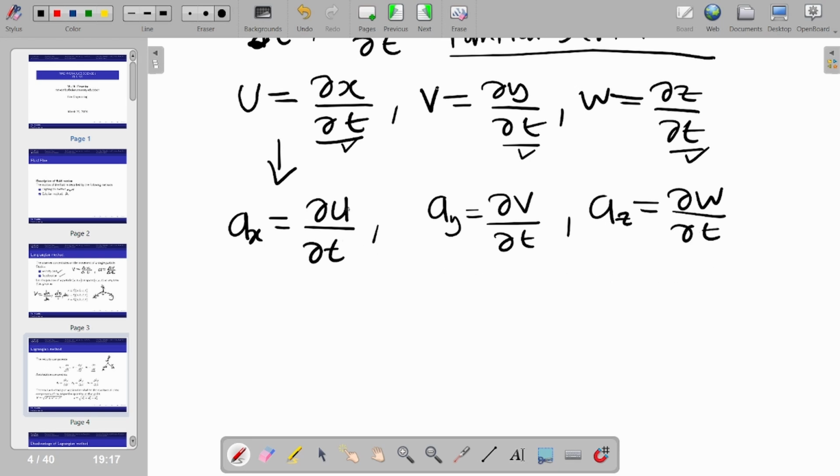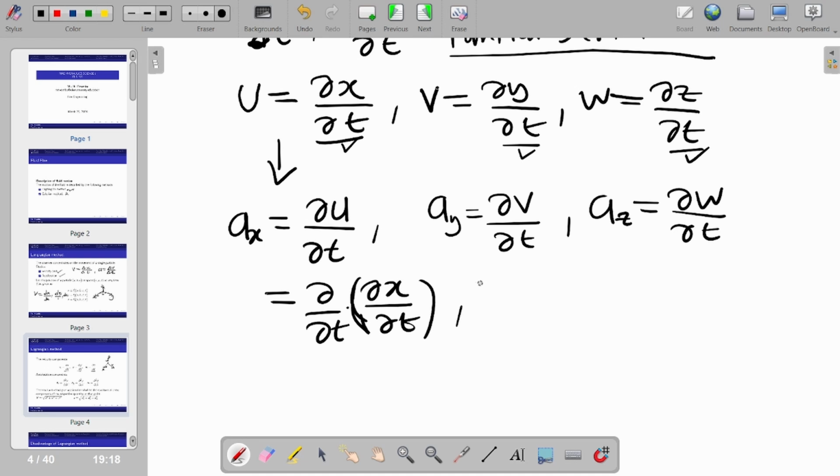But we know u, and we know v, and we know w. So let's find those. What is our u? Our u is given by the change in x over the change in time. This is our u.